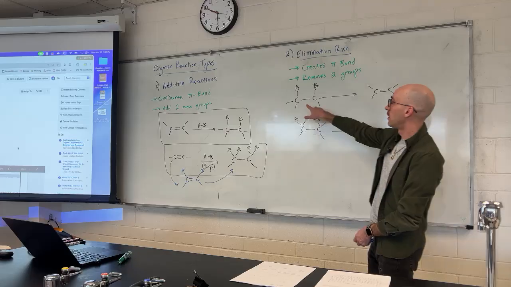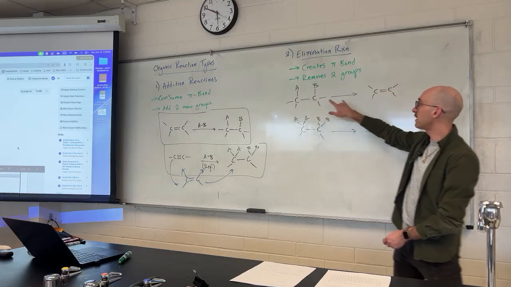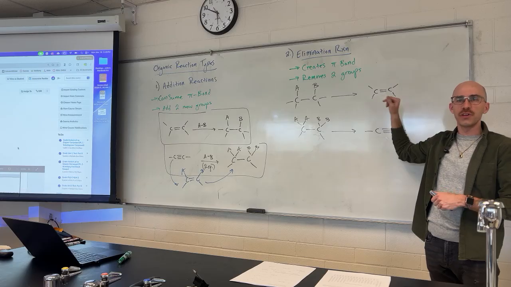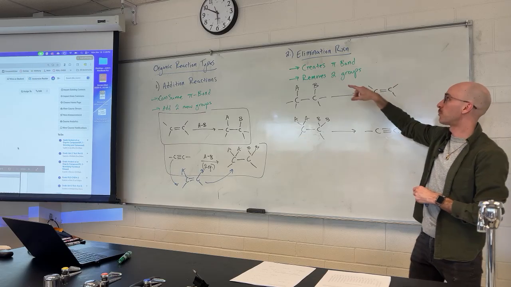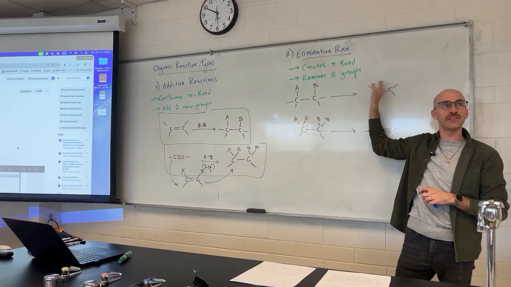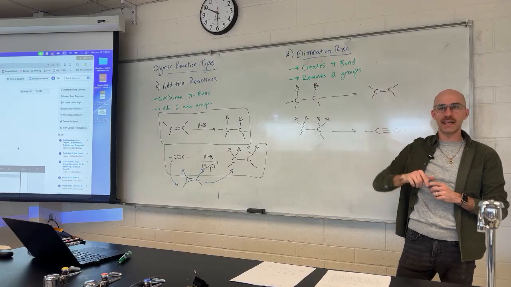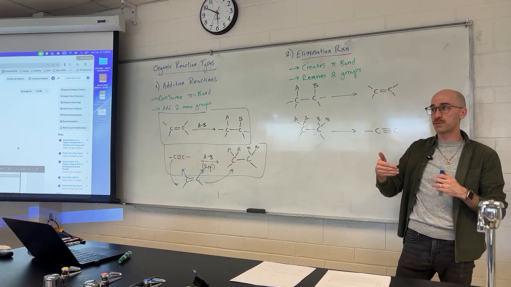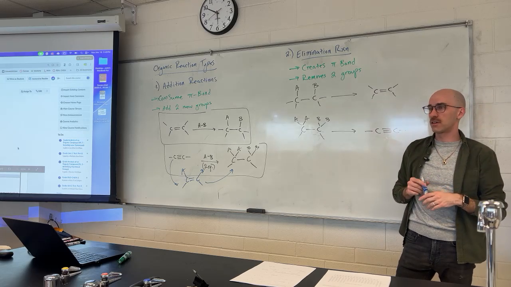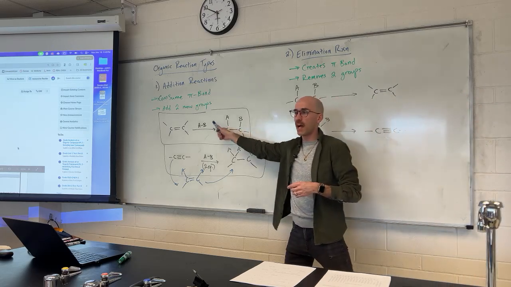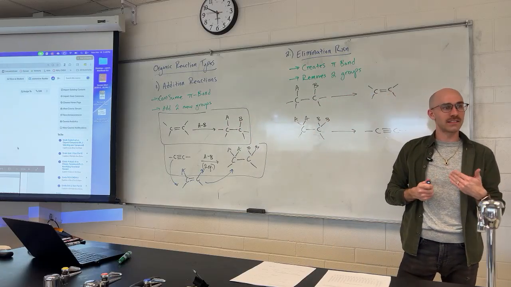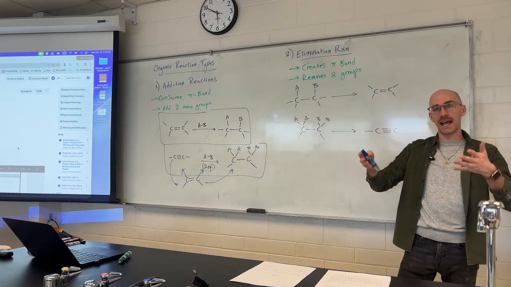Like here, my atoms can be bonded to A and B, or they can be bonded back to themselves. So we could really call this an unsaturation reaction, because I will unsaturate the molecule. That's the idea. I'm eliminating groups, so I should increase my degrees of unsaturation. Addition would be the opposite. This is a saturation reaction. I'm taking places where I don't have a lot of groups and I'm adding them there.